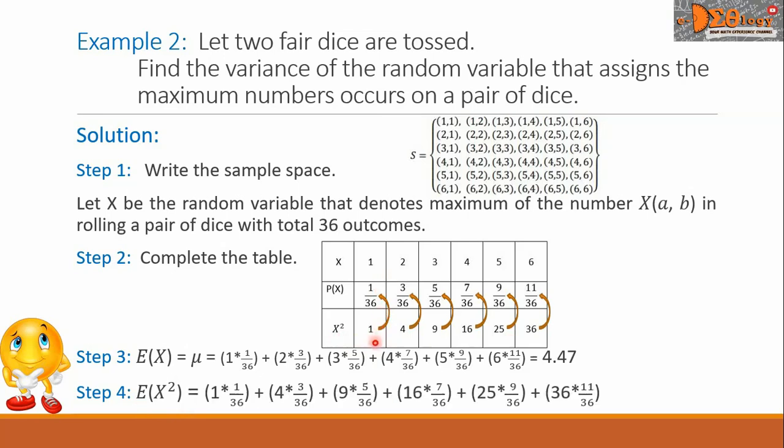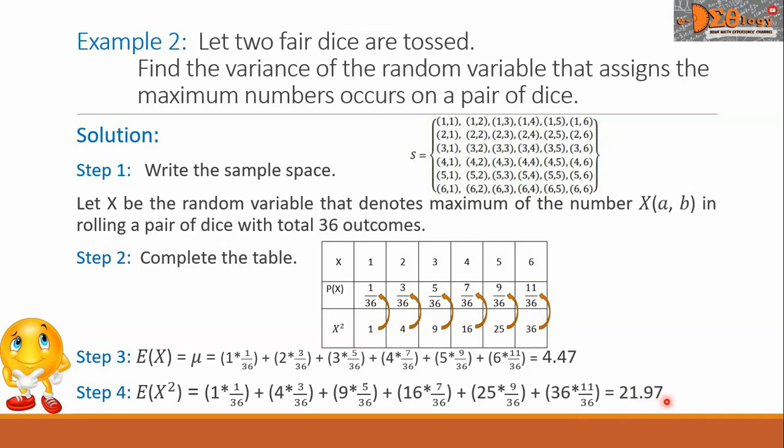So we have 1 times 1 over 36 plus 4 times 3 over 36, then plus 9 times 5 over 36, up to the last one, 36 times 11 over 36. Using the calculator, the value of step 4 is 21.97.